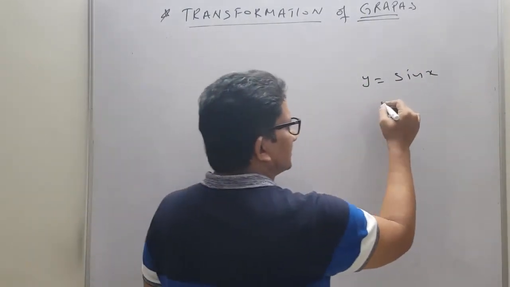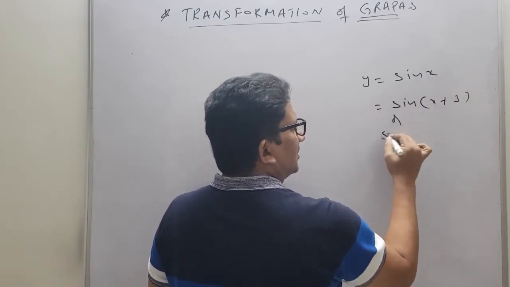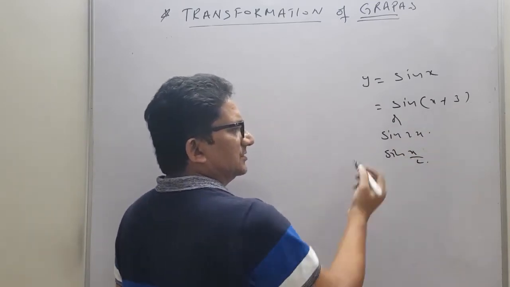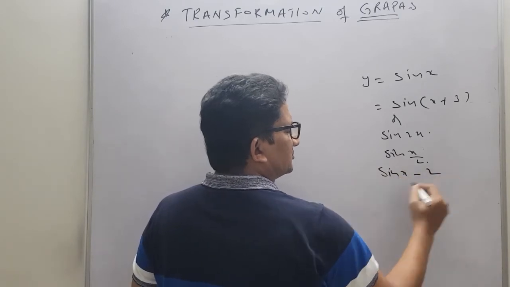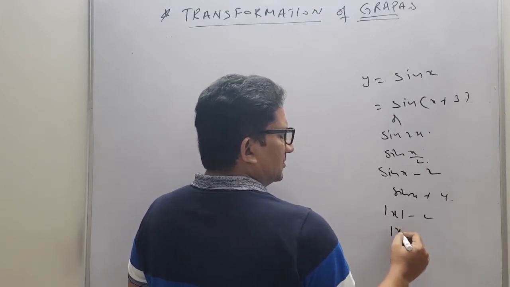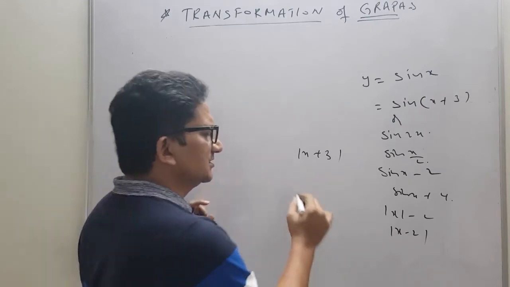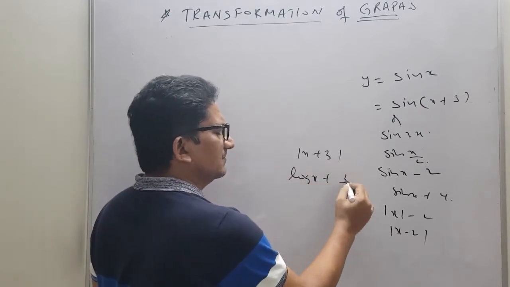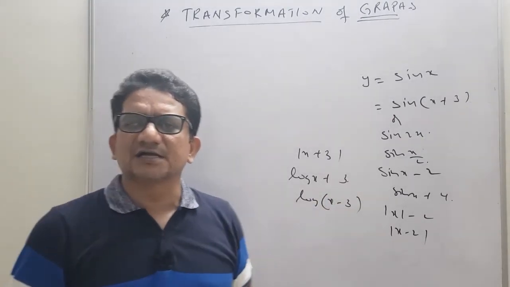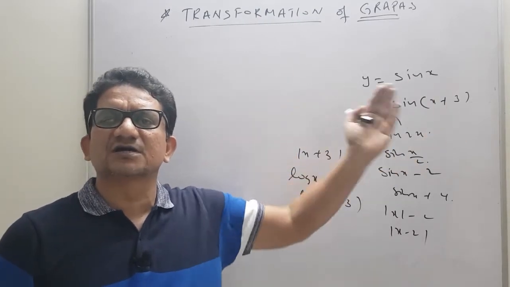If the question was sin of x plus 3, or sin 2x, or sin x by 2, or sin x minus 2, or sin x plus 4, or modulus of x minus 2, modulus of x plus 3, so different versions, logarithm of x plus 3, logarithm of x minus 3. These are known as transformations actually. So if a function is transformed like this, how to draw the graph we will learn.